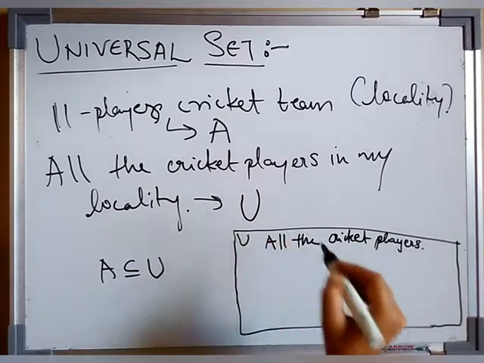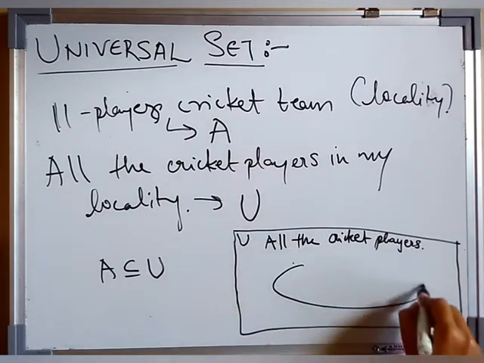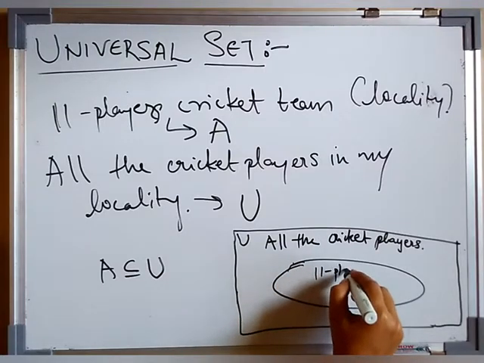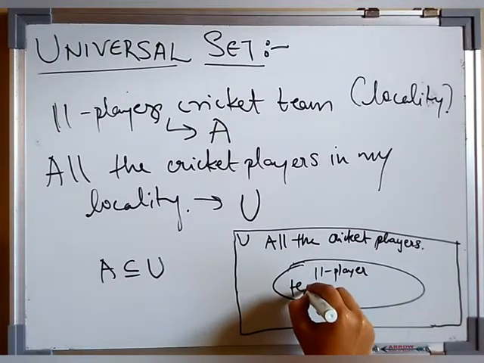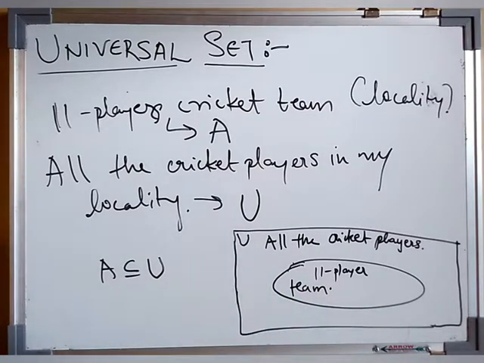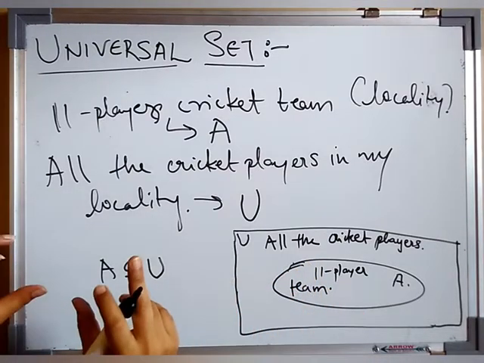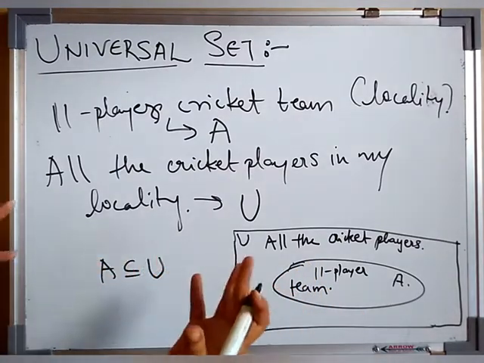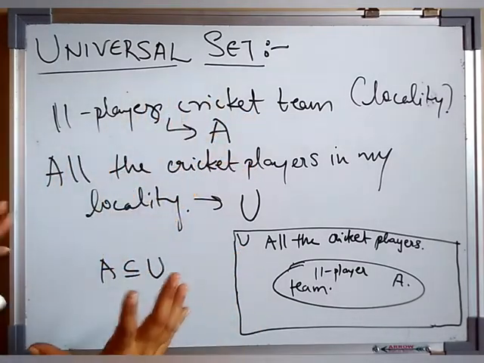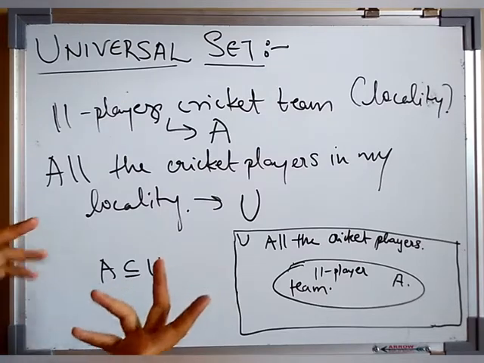That is the universal set, and within that is a small subset of the 11-player team that I made, that I have chosen from this set. Okay, this is A, this is U, and this is A. So this is the concept of universal set. So universal set means the largest set in terms of which you are forming a subset according to the given condition. Okay.